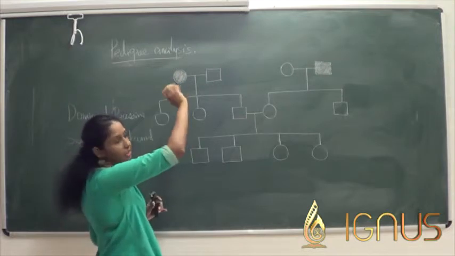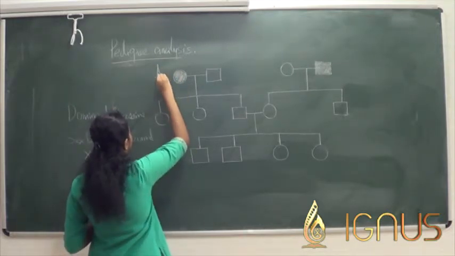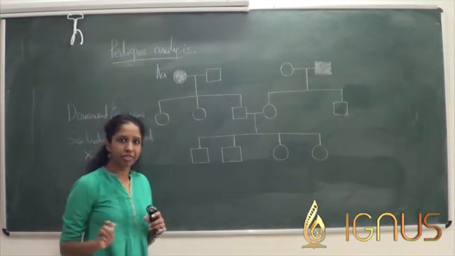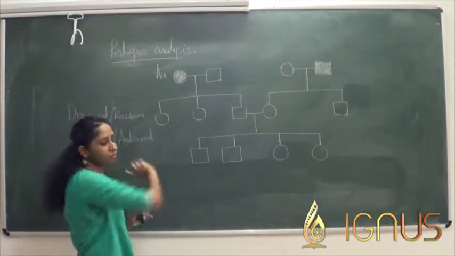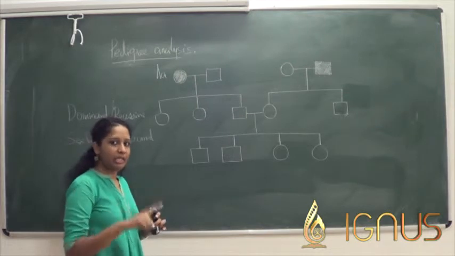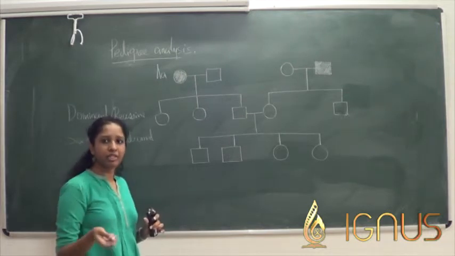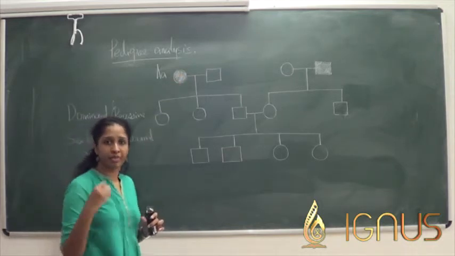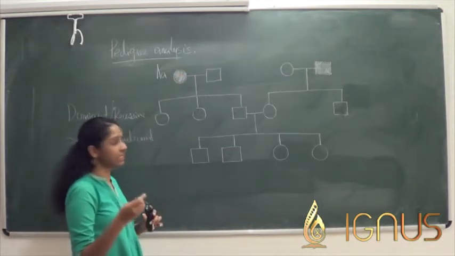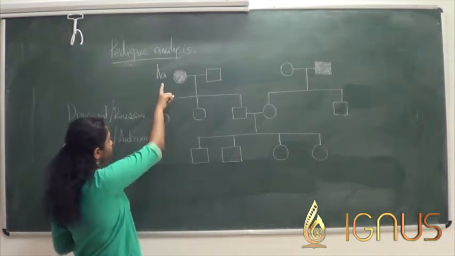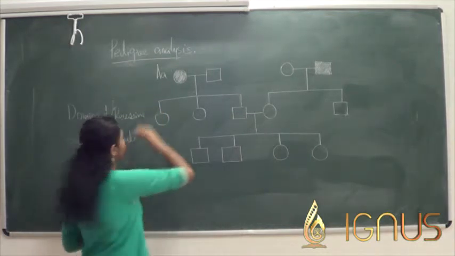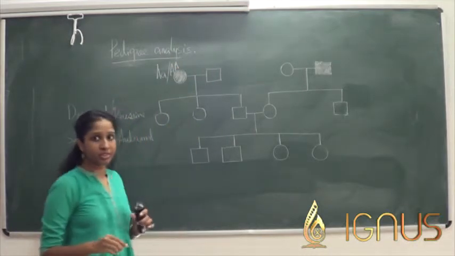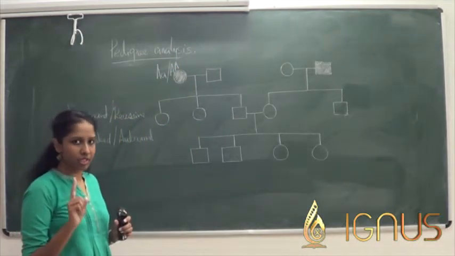So the genotype of this female can be a dominant gene and a recessive gene, because this is a dominant inheritance pattern, meaning that even if one allele of that gene is dominant, the trait is expressed. Because this female is expressing the trait, she can have either one dominant and one recessive allele, or she can have both of them being dominant, right? And we are talking about autosomes here.